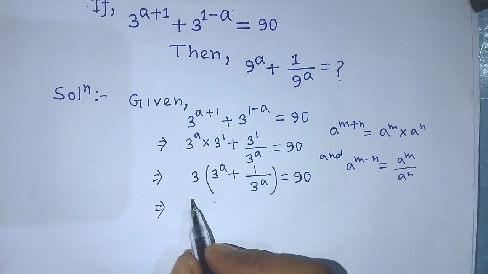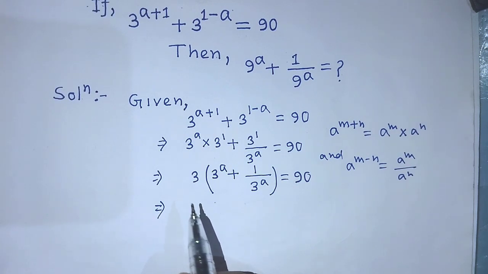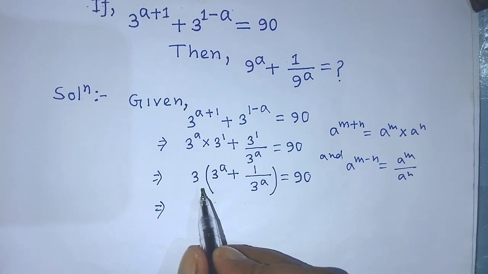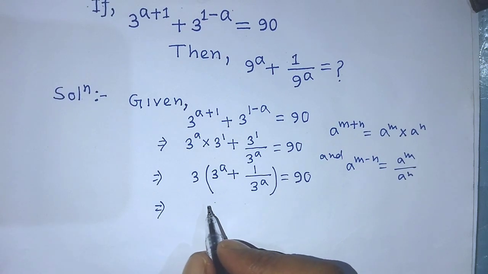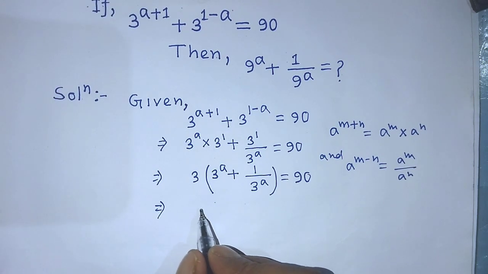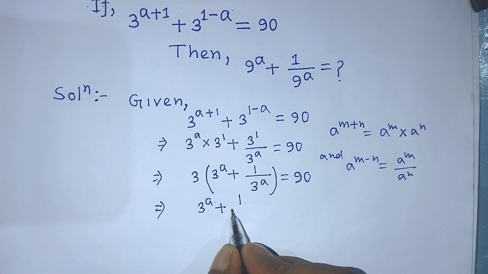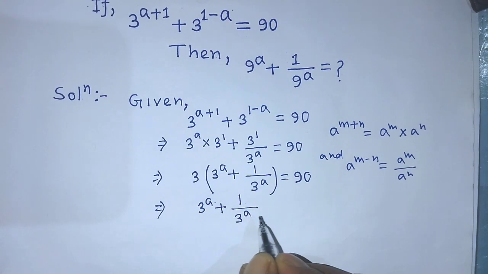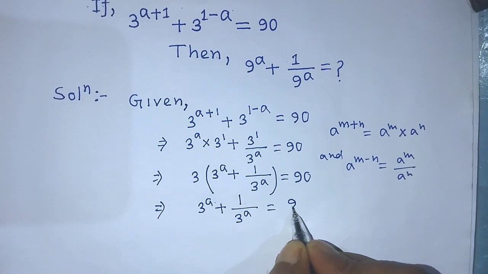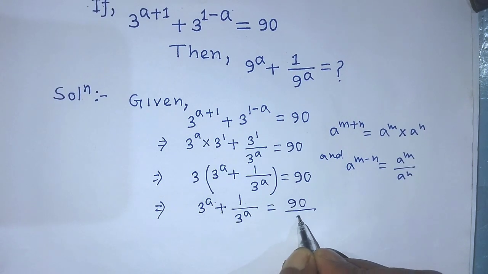Okay, so after that we have to transpose the digit 3 from left hand side to right hand side. So on the left hand side we have to write 3 to the power a plus 1 over 3 to the power a is equal to 90 over 3.